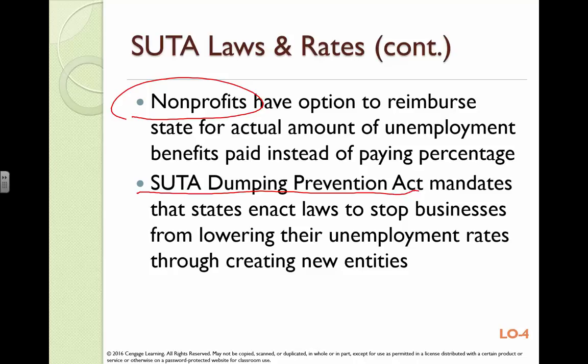Then I get a new controller or HR director in, and he says we've got to get our policies under control. I don't want this 6% rate anymore. I think we can do a lot better than this. So they form a subsidiary and put all their business into it to leave the old SUTA rate behind. Are you with me?